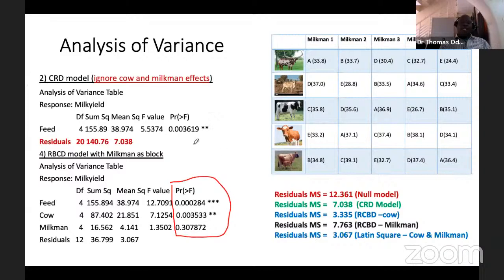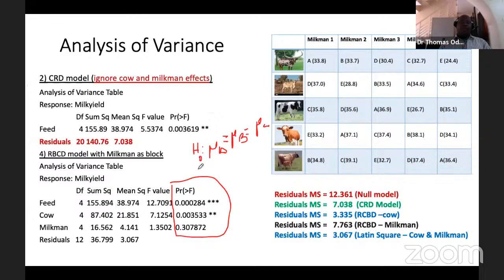So our null hypothesis, H0, in this case, what we're saying is that for the feed, the mean of feed A is the same as the mean for feed B, is the same as the mean for feed C, the same as the mean for feed D, and the same as the mean for feed E. That is our null hypothesis.